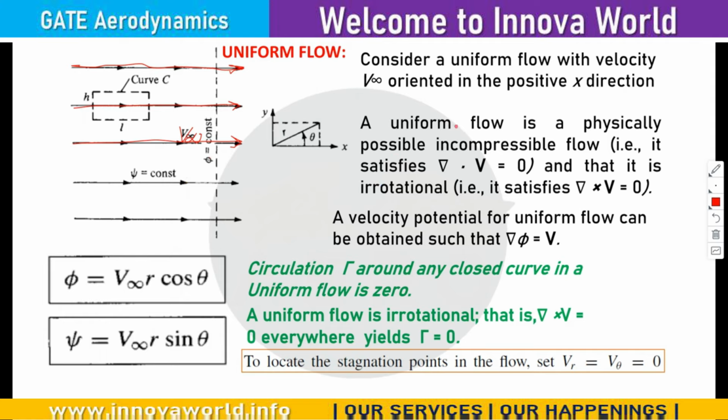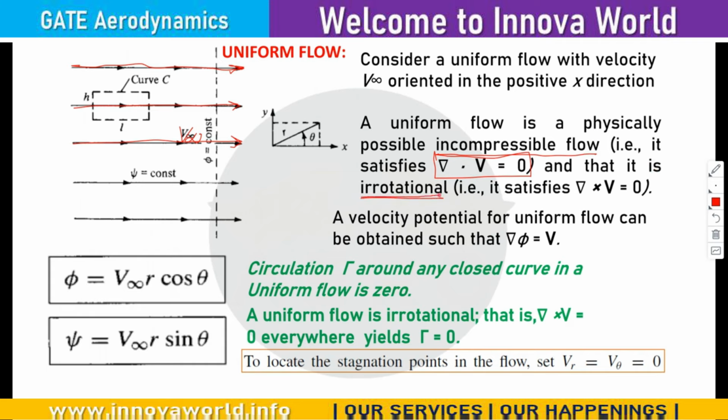Here the uniform flow signifies that the flow is incompressible. When I say the flow is incompressible, I can also write del dot V equals 0. And not only is it incompressible, it is also irrotational.